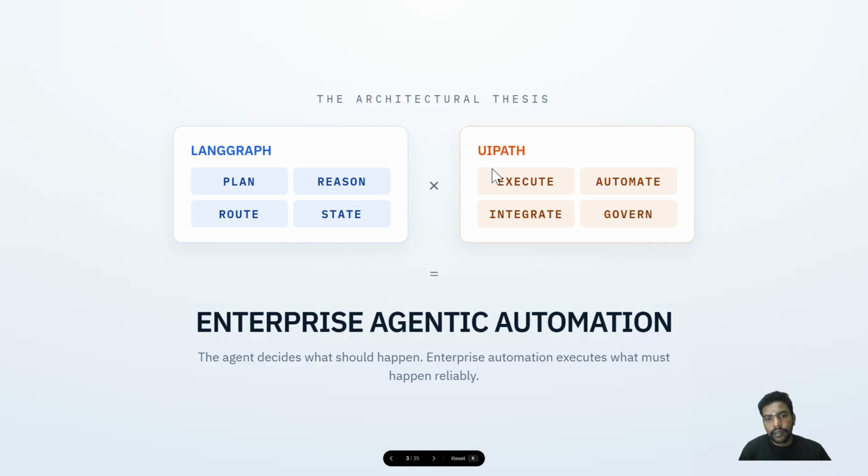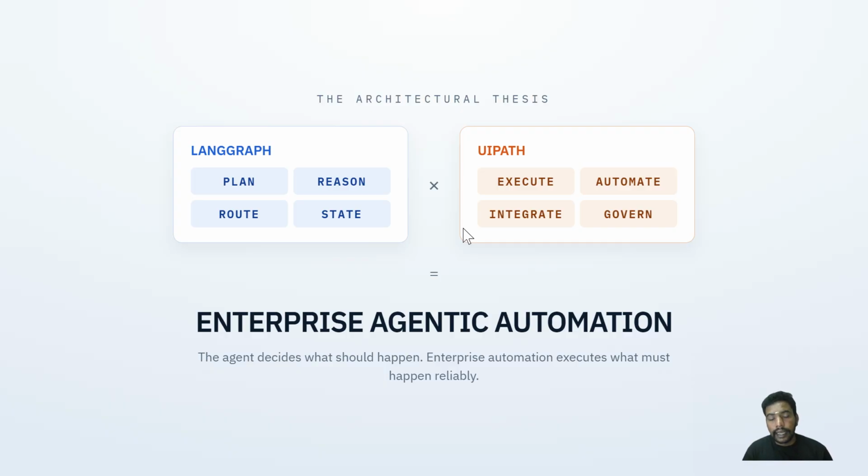When it comes to UiPath, it is executing, automating the process, integrating, and governing. Put those two halves together, and you get something neither side gives you alone, which is enterprise agentic automation.